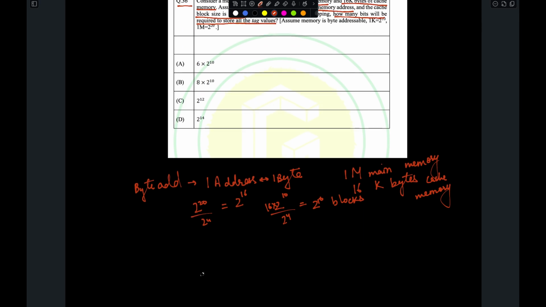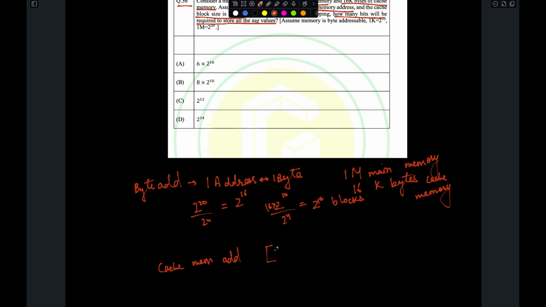Since the memory address is of 20 bits, we want those 20 bits to accurately help us map whether a particular block is in cache or not. So just for your information, the cache memory address that we have has 3 parts.